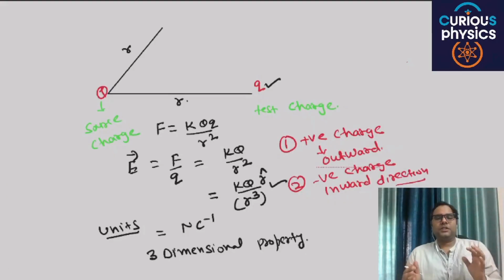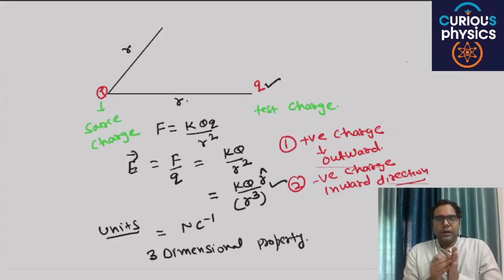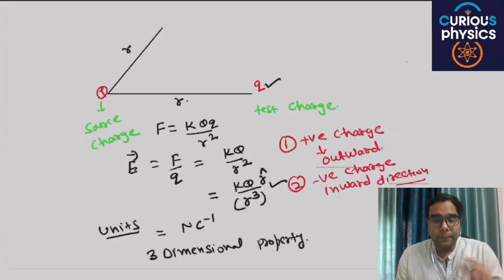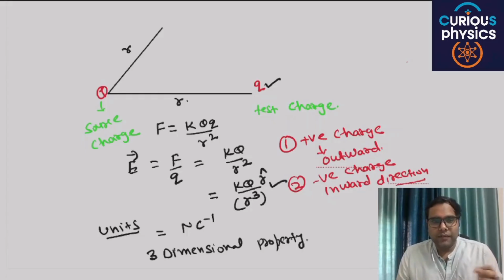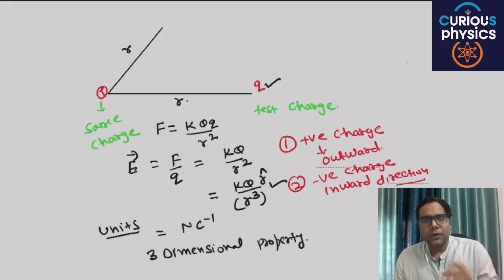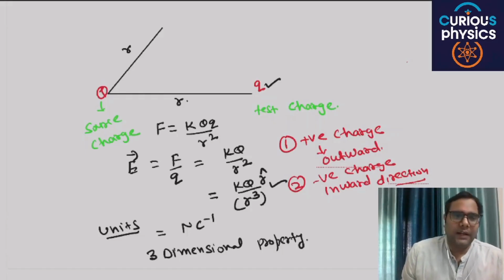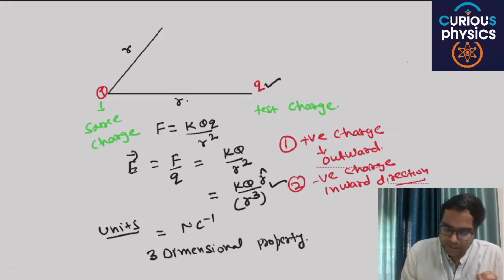For a positive charge, electric field is outward because you are comparing it with the force of repulsion, and in case of a negative charge it is inward because you are comparing it with the force of attraction. This is not 100% true, but to increase your understanding I am saying this.